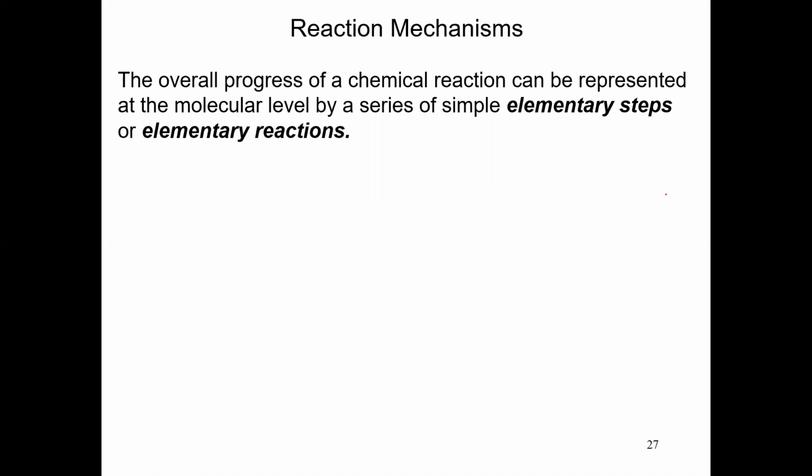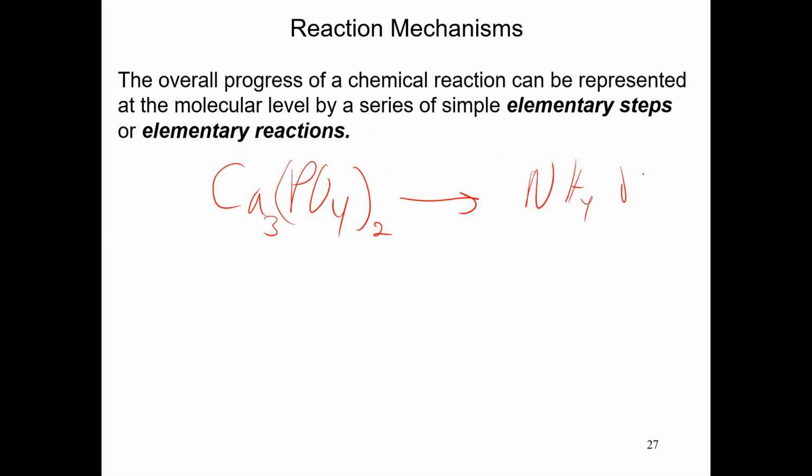Now let me use an example here of, for example, calcium phosphate. Calcium phosphate rock looks like this, okay? And essentially they react that to form diammonium phosphate, which looks like this.